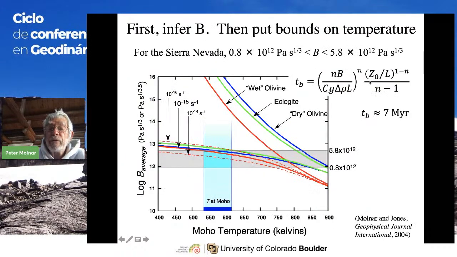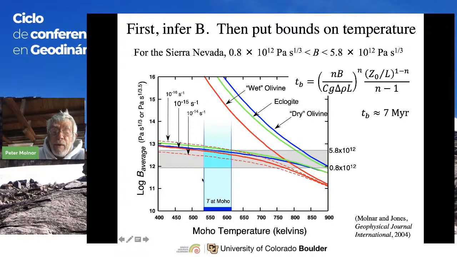So we can put 7 million years in, and when we do, we get a bound on this value of B. This is the value of B, and it's between, these units won't mean anything to you, Pascal seconds to the 1/3 or Pascal seconds to the 1/3.5. But these are the range of values of B that we get back on that plot of temperature that we had before. And we can then come back in and say, well, where can these be?